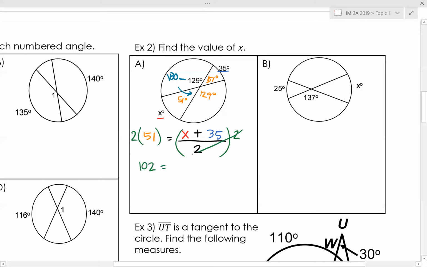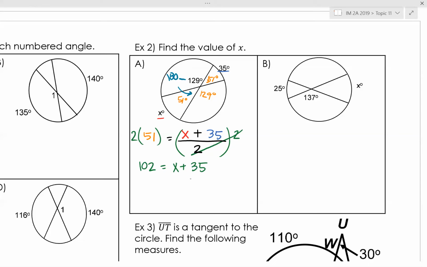And the 2 here, the whole point was to cancel that out. So I just have X plus 35. Okay, so I had to find that angle that was inside the X where I knew the 2 arcs. And then I plugged it into our sum of the arcs divided by 2 equals the angle. And so now I just have to subtract 35, and that will give us the value for X.